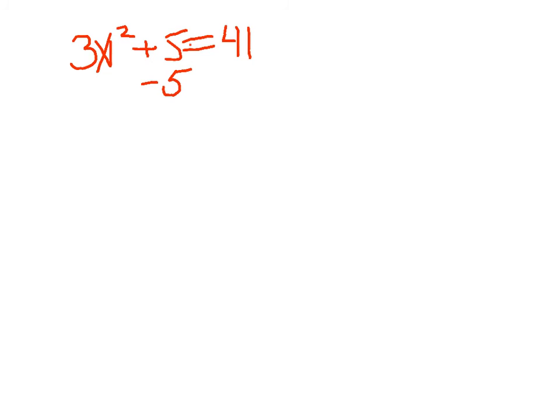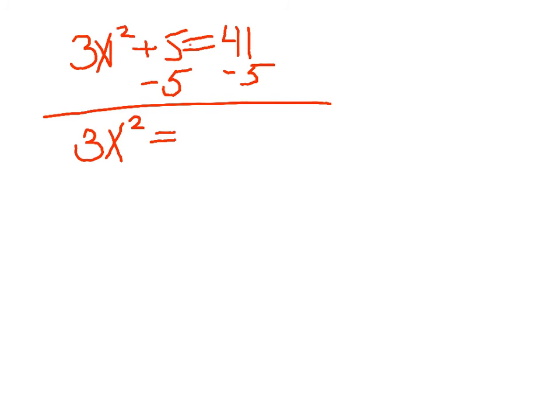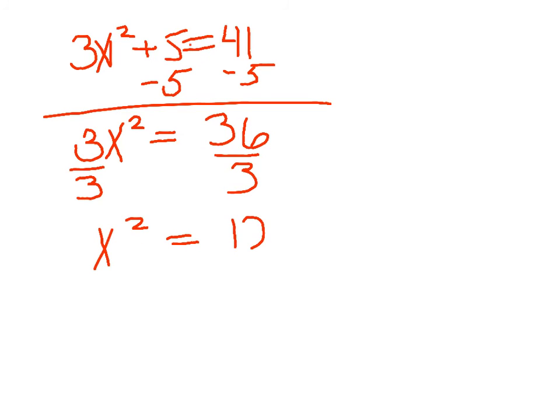So I need to go ahead and subtract 5, and that would give me 3x squared equals 36. Divide by 3. X squared equals 12.